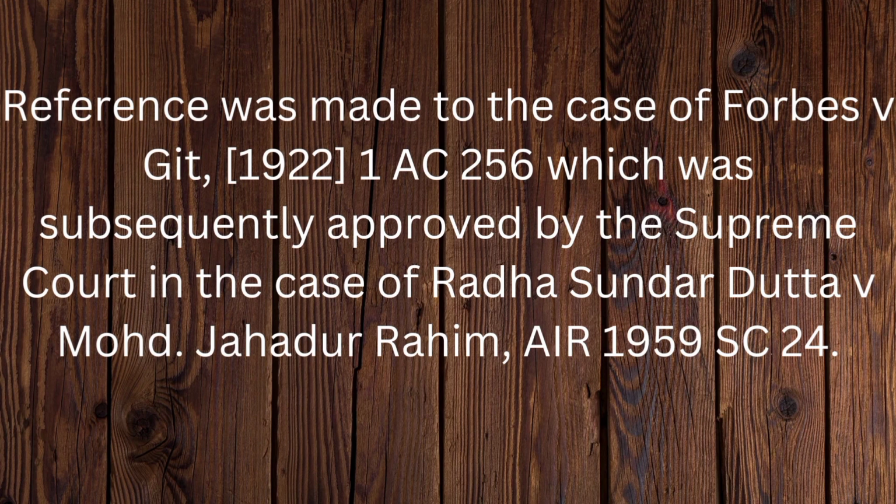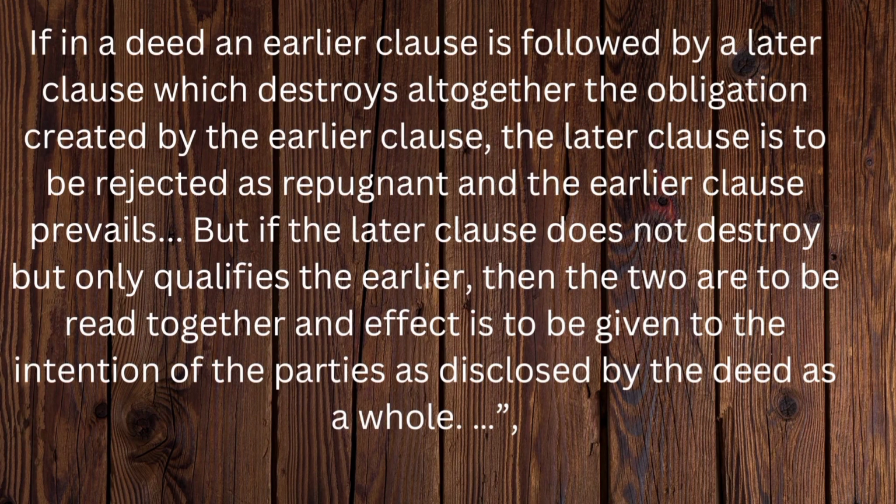The reference was made to the case of Forbes versus Gith, 1922, 1 AC 256, which was subsequently approved by the Supreme Court in the case of Radha Sundar Datta versus Mohd. Jahadur Rahim, AIR 1959 Supreme Court 24.